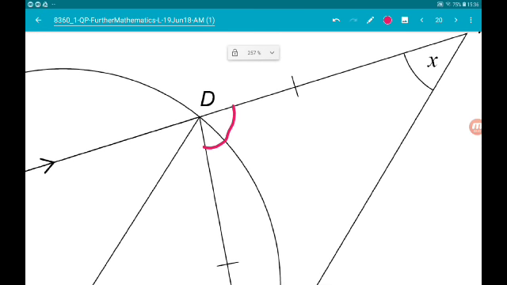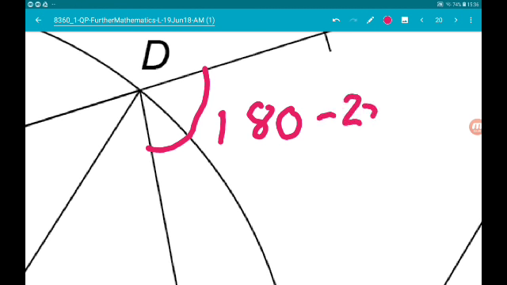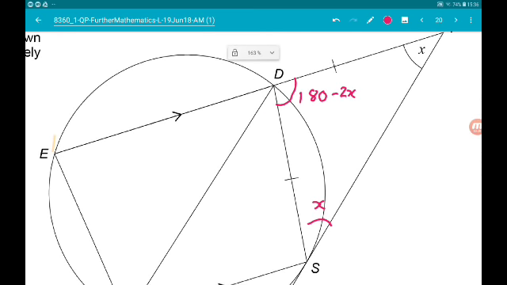So this angle here is the difference between 180 and those two angles of x. So it's 180 minus 2x. We might need that, we might not, I don't know. Questions like this are all about filling in just any blanks that we can and hope that they help us.